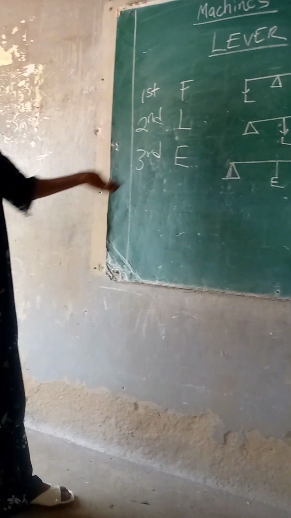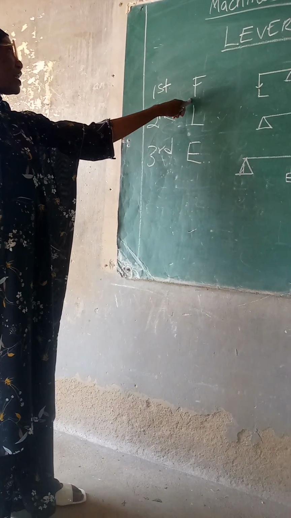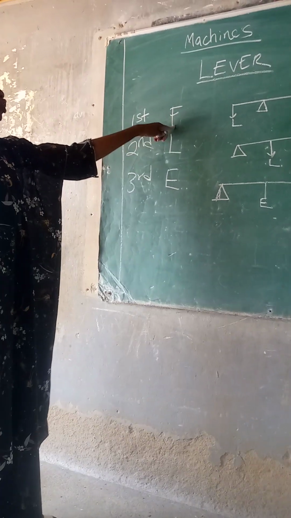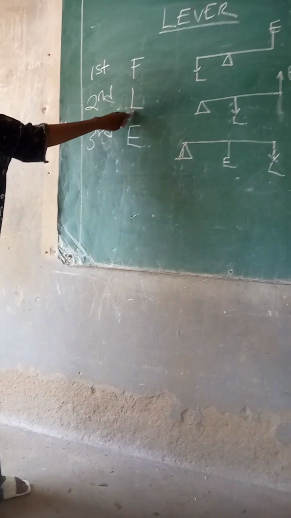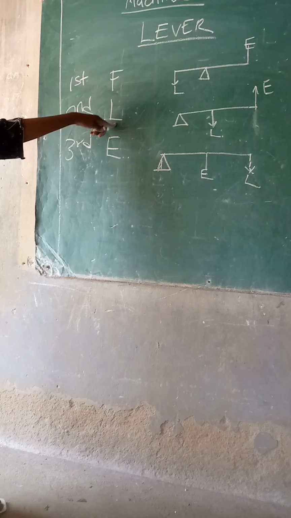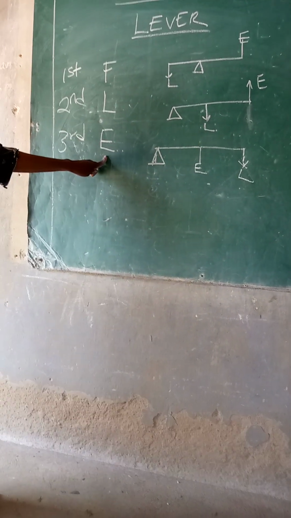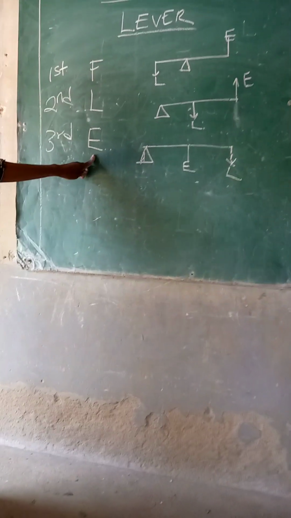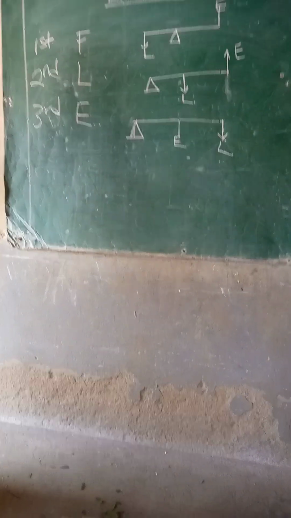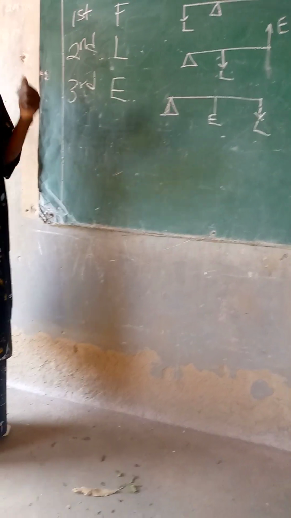For first class lever, the fulcrum is between the load and the effort. For the second class, the load is between the fulcrum and the effort. And for the third class, we have the effort between the fulcrum and the load. These are the 3 classes of lever.